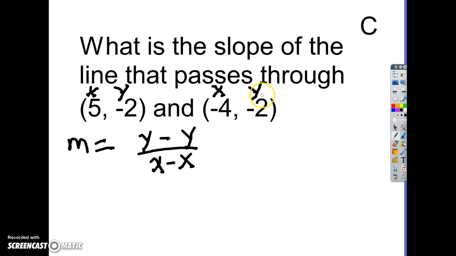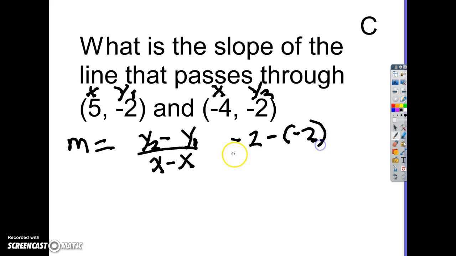However, we are going to start with the second point, so that is my y2, and it is a negative 2. Then I go back to my first point where I have the first y value, which goes here, and we put it on the right side. There's the two values of y. We need a minus sign because we have to subtract them.